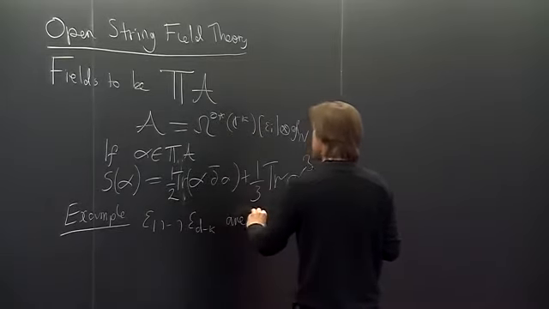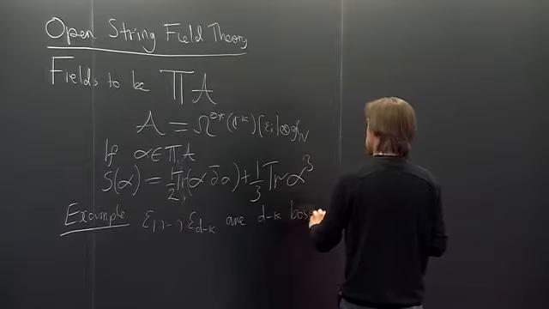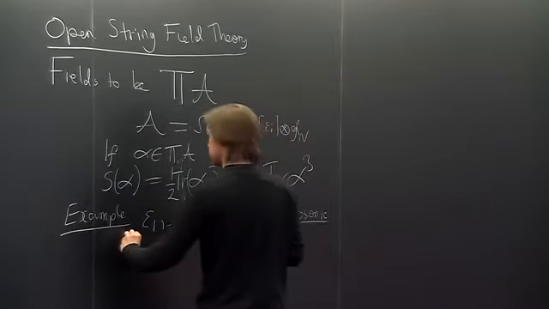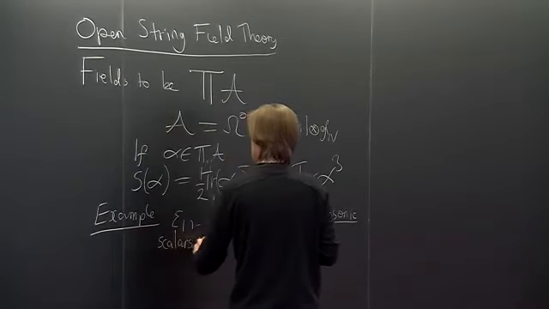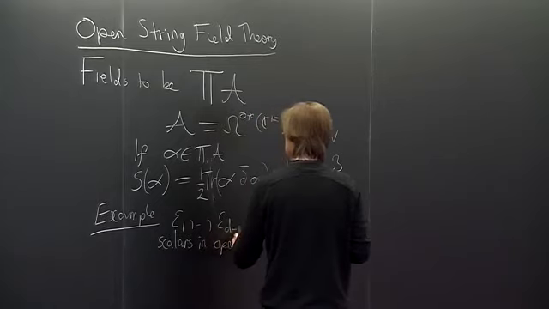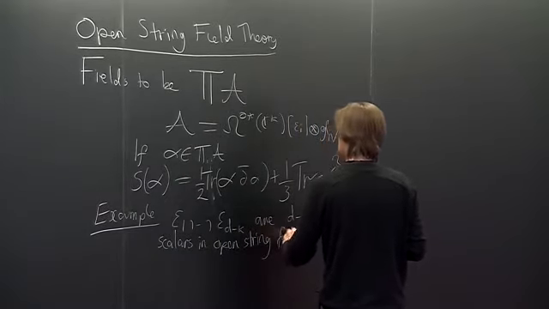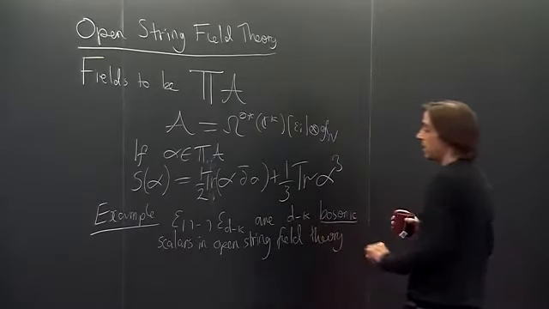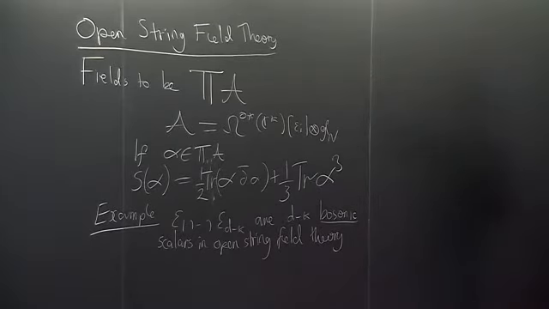These describe d minus k bosonic scalars in the open string field theory. And of course, they describe the fluctuations in the normal direction.